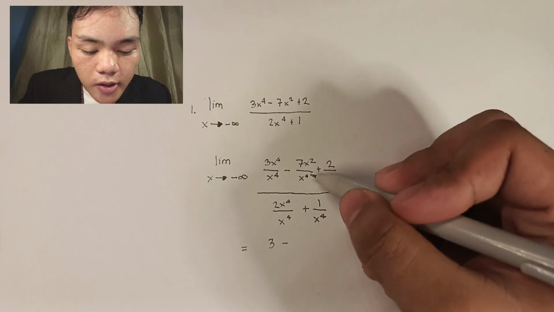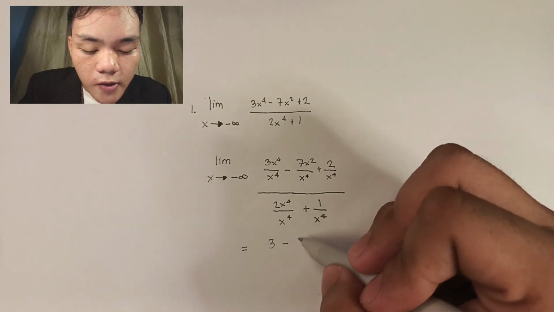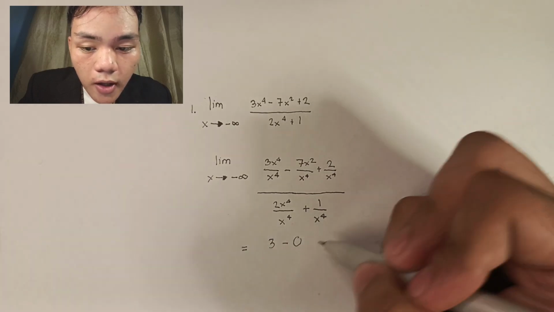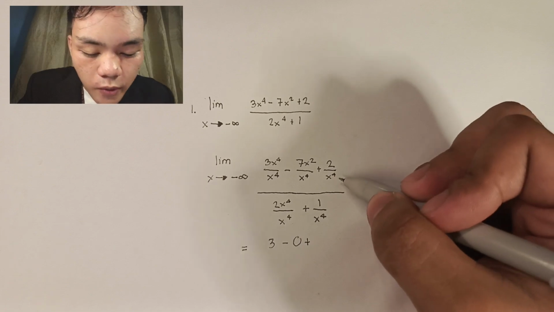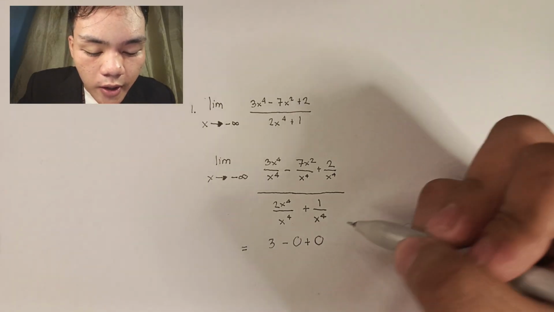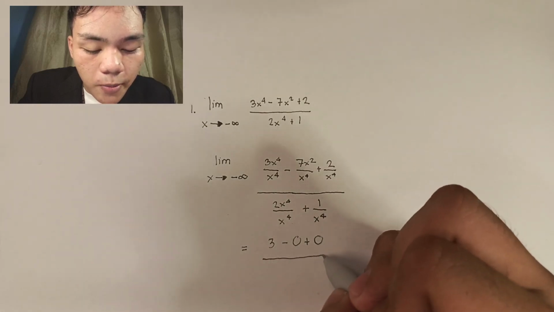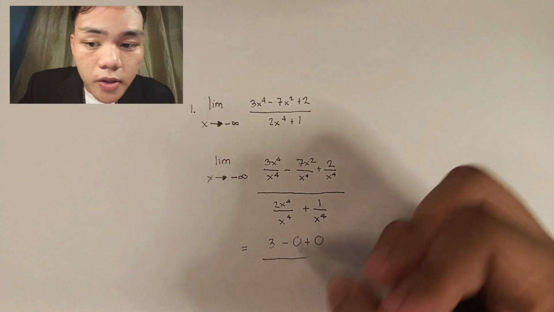So for 3x to the power of 4 over x to the power of 4, we see that they have the same degree, so we'll find the leading coefficient. For this, we have the 3, so we write 3. And as for the 7x to the power of 2 over x to the power of 4, we'll use the first guideline.